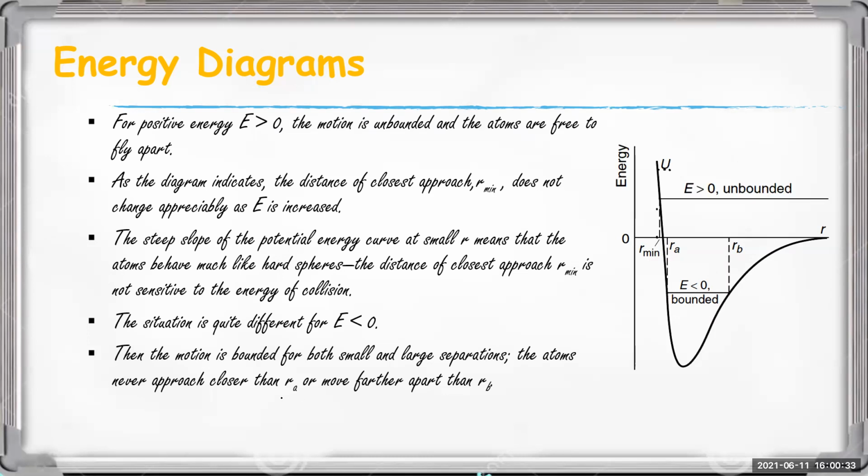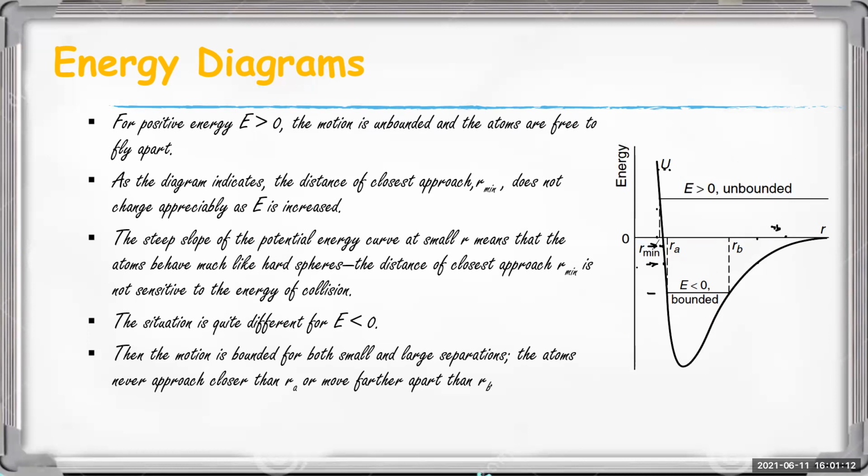The atoms never approach closer than Ra or move farther apart than Rb. If energy is at this position, it must move between Ra and Rb. If this is the point, then this must be Ra and this point must be Rb.